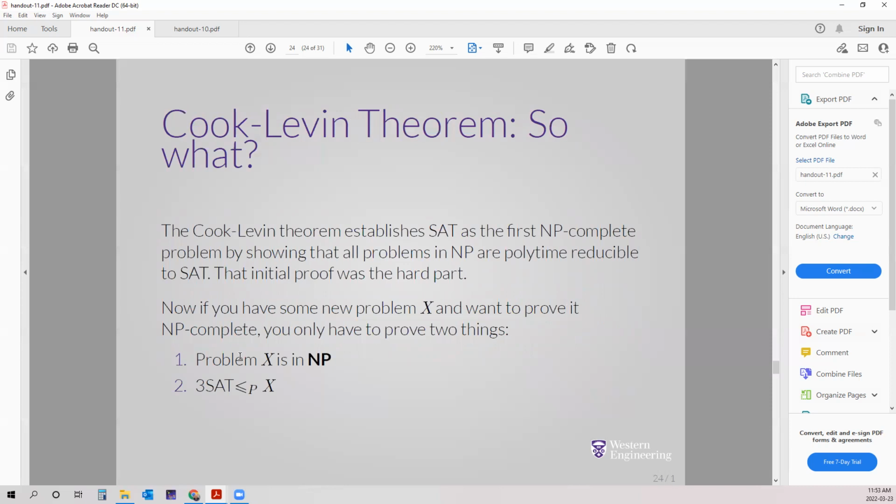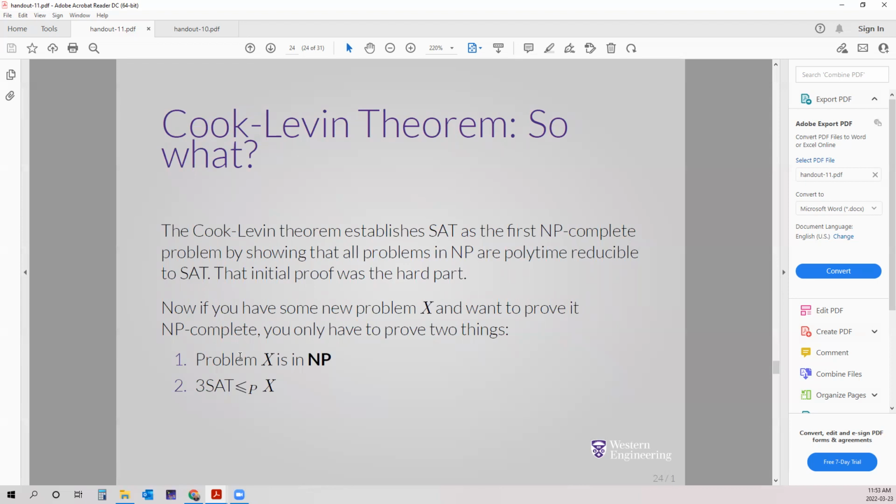So what? What do we benefit from their proof? The Cook-Levin theorem establishes SAT as the first NP-complete problem by showing that all problems in NP are polytime reducible to SAT. That initial proof was the hard part.